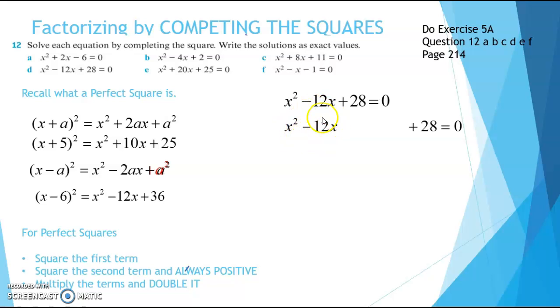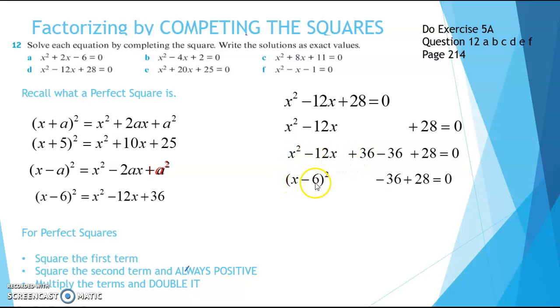So minus 12 halved is minus 6. And now square it, and this is the trick. It becomes positive 36. And we need to undo that, so it's minus 36. So we now have these three terms, which can be simplified to a perfect square.